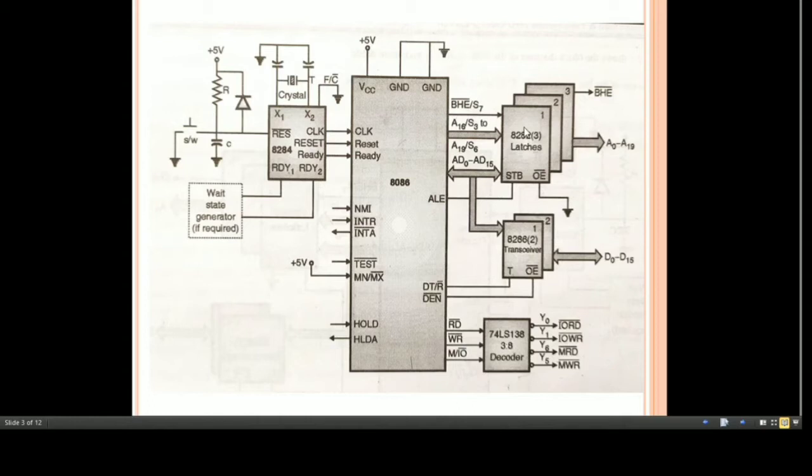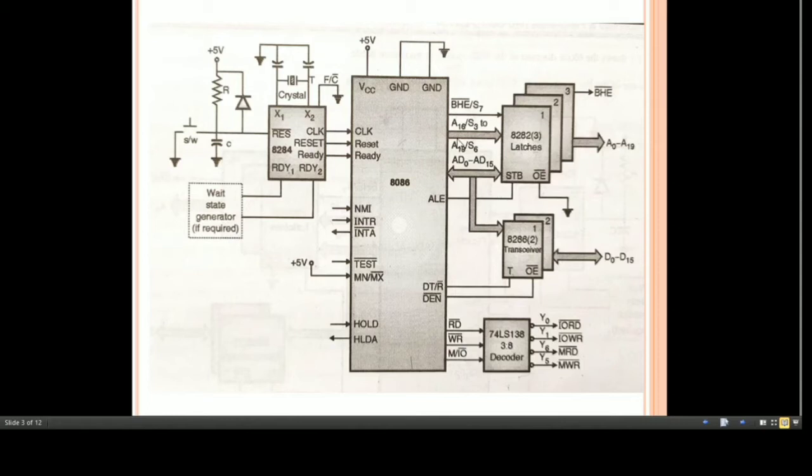These latches demultiplex the address signal from the multiplexed signals, so at the end we get the 20-bit address lines A0 to A19 as well as the bus high enable bar signal, and to get the 20-bit address we require 3 latches.